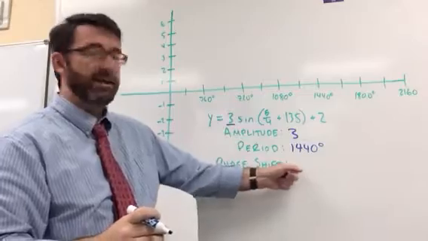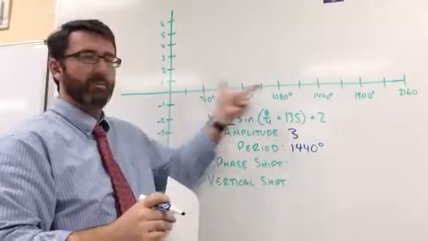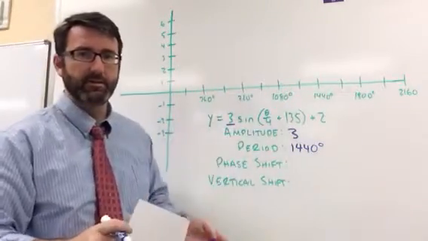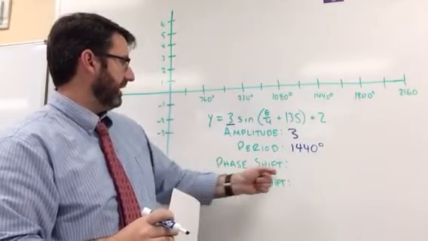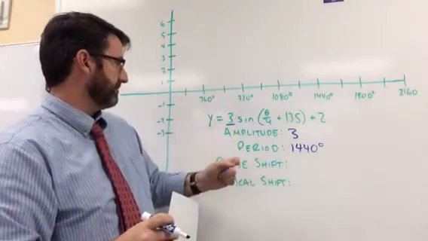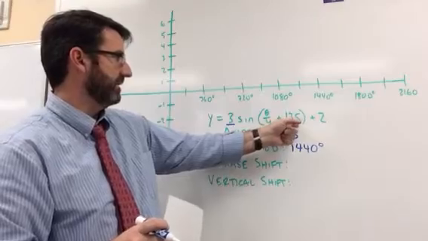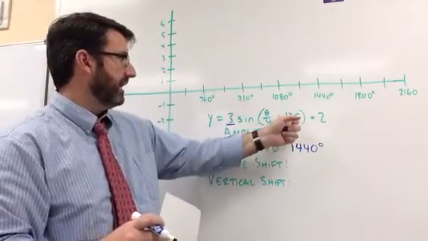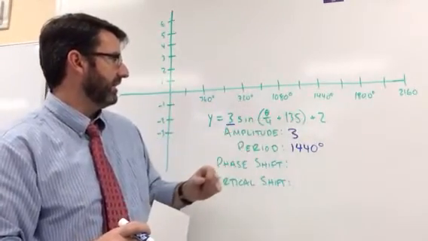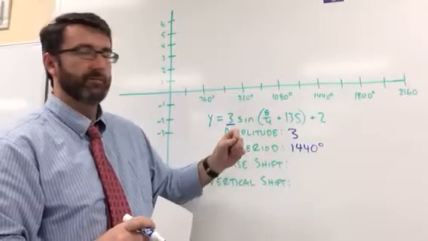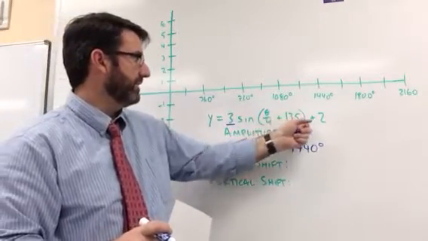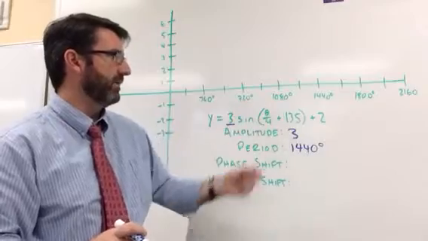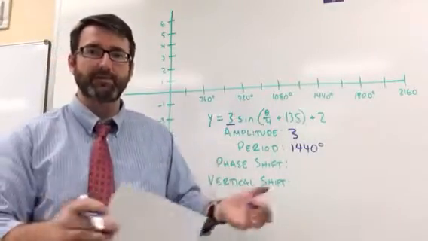All right, and then the phase shift, that's how much it's going to be shifted to the right or left. The phase shift is going to be this number, 135 degrees, divided by b, this number in front of theta. So 135 divided by 1/4 is the same as 135 times 4.